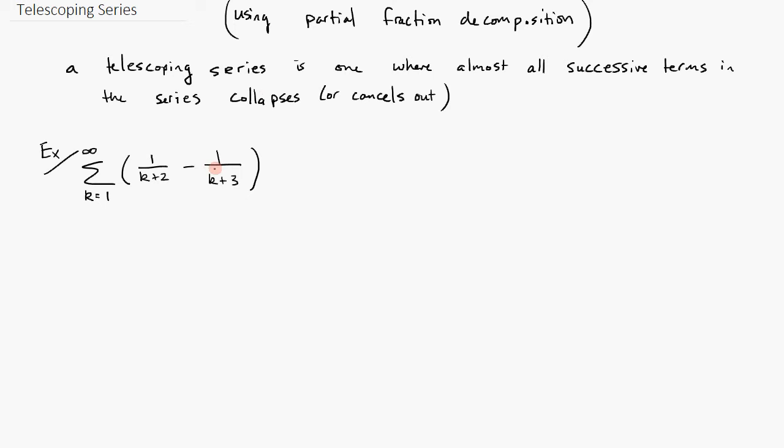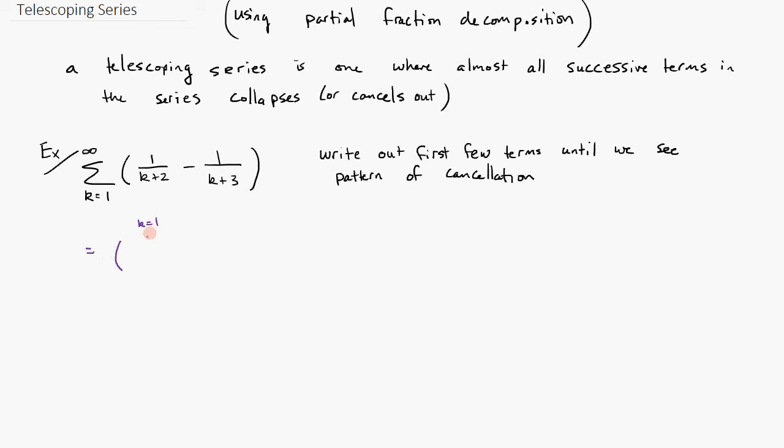For this series, what we're going to do is write out the first few terms until we see the pattern of cancellation. Okay, so let's write out the terms of the series. For the k equals 1 term, you get 1/3 minus 1/4.